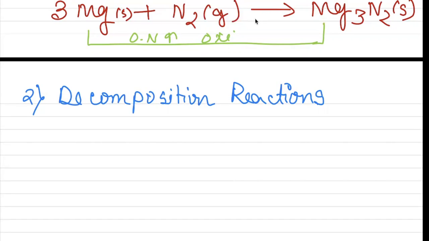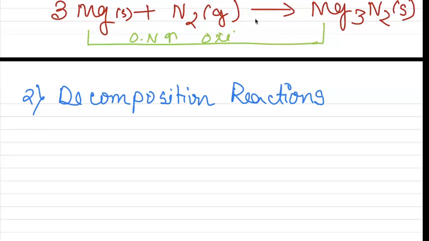So decomposition reactions are also the same. The chemical reaction in which a compound breaks up into two or more simpler substances is known as a decomposition reaction. That means when in a chemical reaction one chemical substance breaks down into two or more simpler substances, that reaction is known as a decomposition reaction.